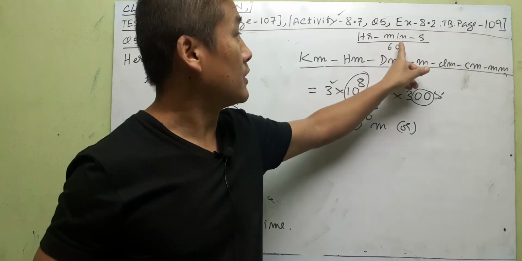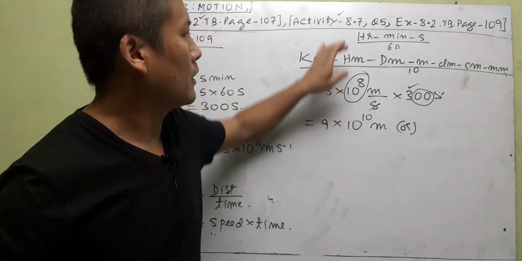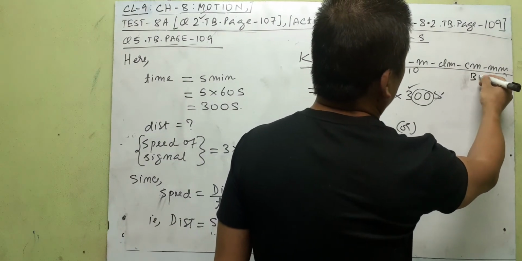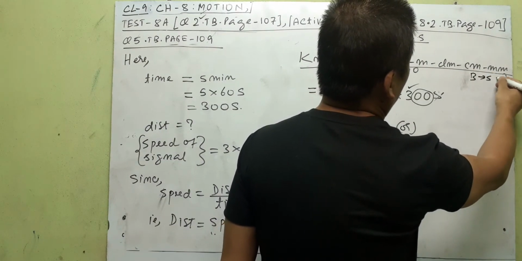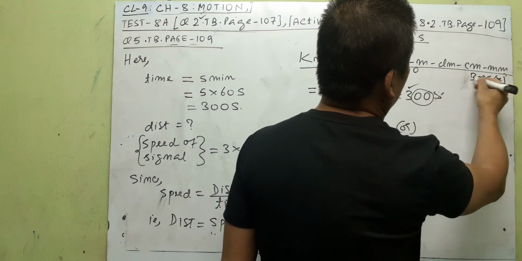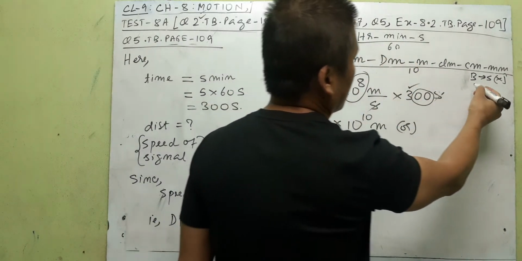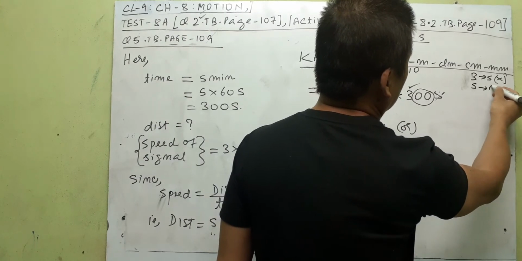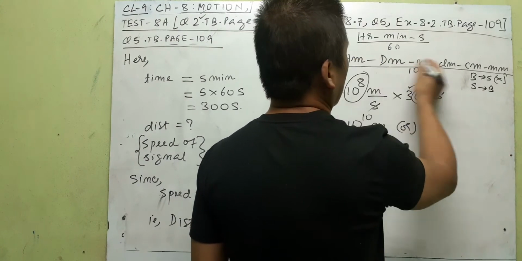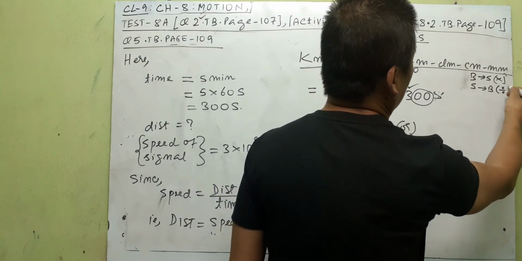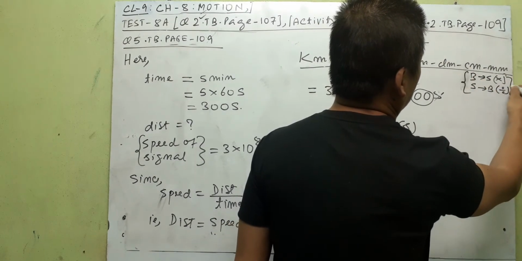Here every position shifted is 60. For both of these, if you're changing big to small unit, we multiply. That means if you're changing kilometer to meter, that is bigger to smaller unit. Small to big unit, like meter to centimeter, or whatever, we have to divide. We have to keep this in mind.